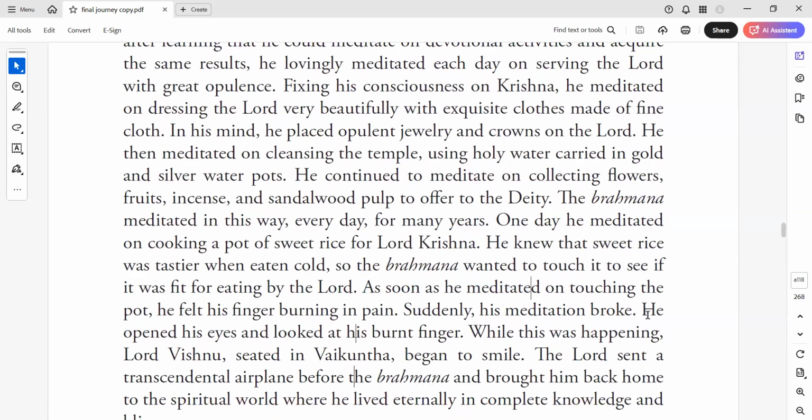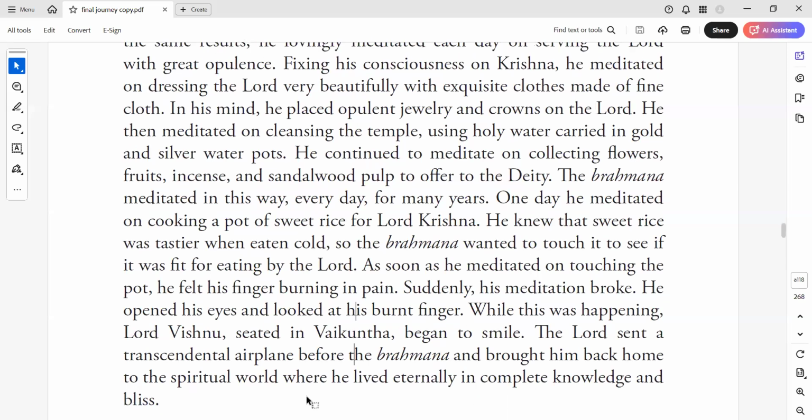Suddenly his meditation broke. He opened his eyes and looked at his burnt finger. While this was happening, Lord Vishnu, seated in Vaikuntha, began to smile. The Lord sent a transcendental airplane before the Brahmana and brought him back home to the spiritual world. He lived eternally in complete knowledge and bliss.